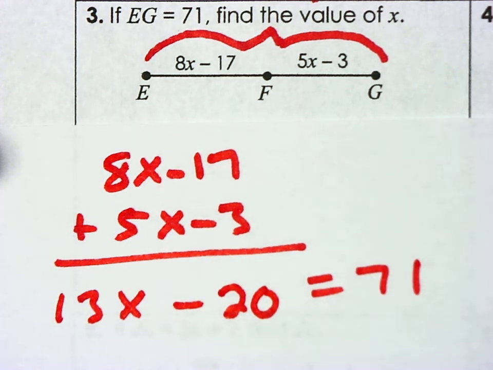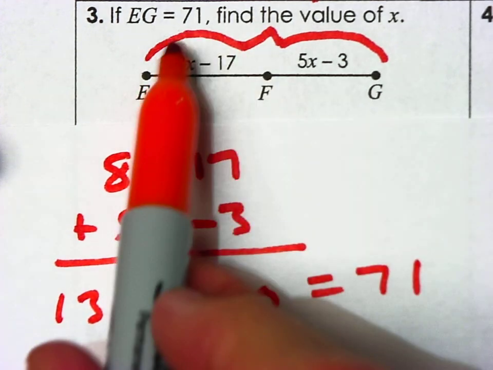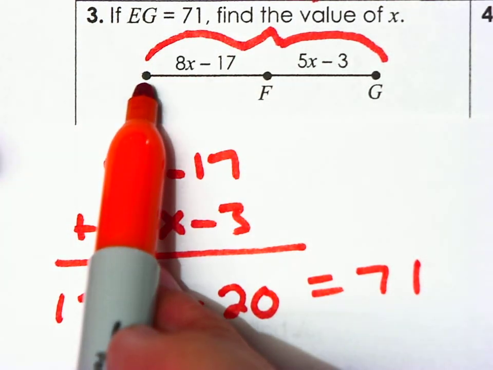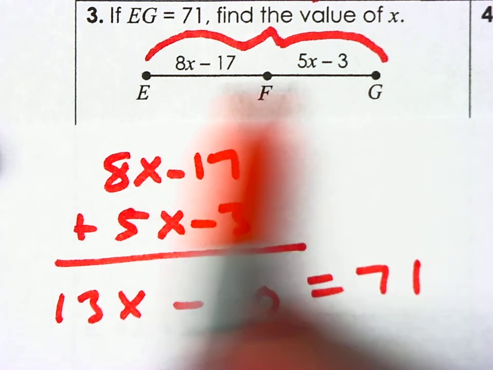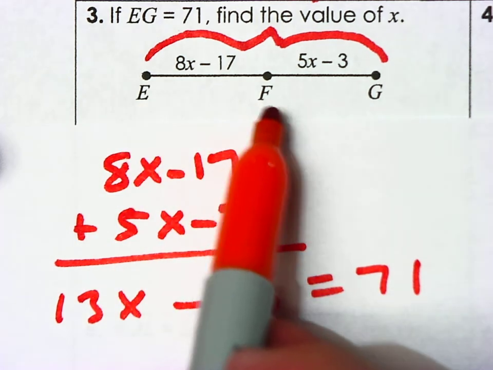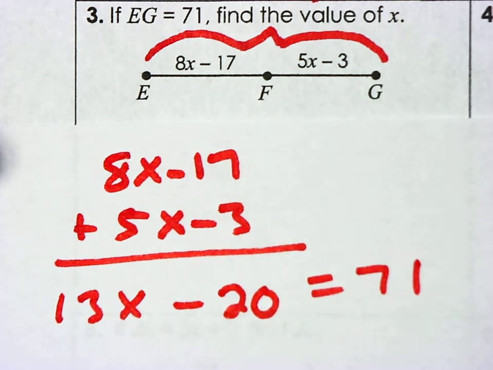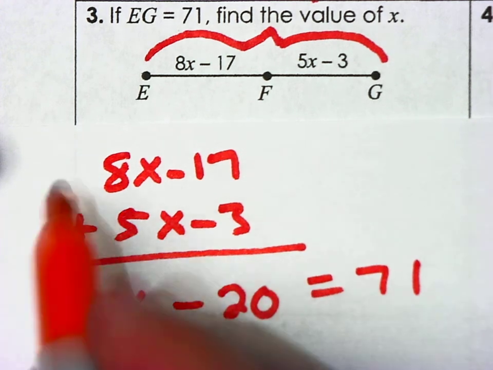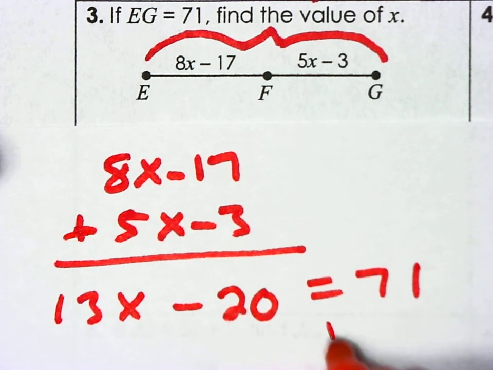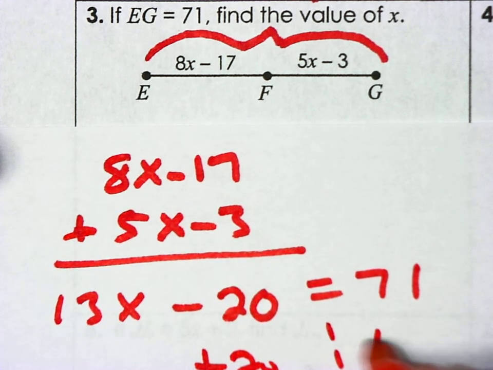Now you just created an equation, okay? The only thing you had to realize was that the 71 is that whole segment, and these two smaller segments, EF and FG, add up to be 71. Then you simplify, make your equation. Here we go. I'm going to add 20 to both sides.